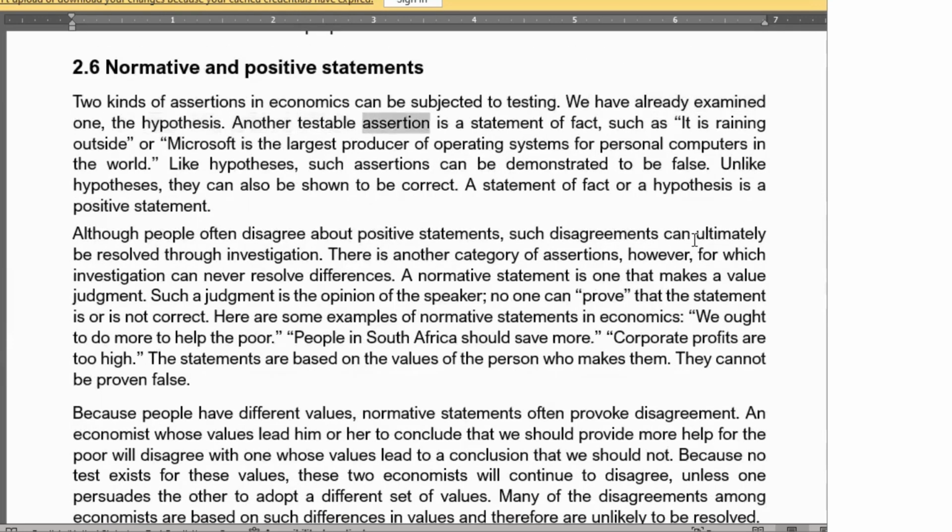Another testable assertion is a statement of fact, such as "it is raining outside" or "Microsoft is the largest producer of operating systems for personal computers in the world." Like hypotheses, such assertions can be demonstrated to be false. Unlike hypotheses, they can also be shown to be correct. A statement of fact or a hypothesis is a positive statement.